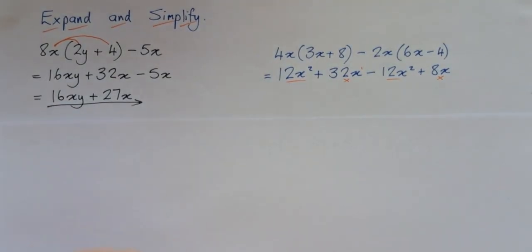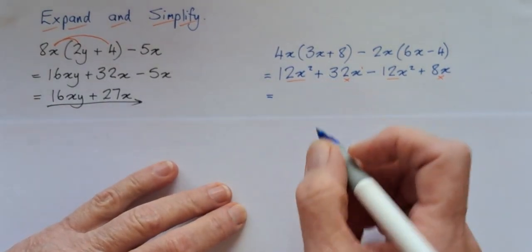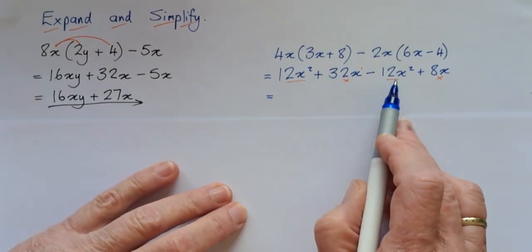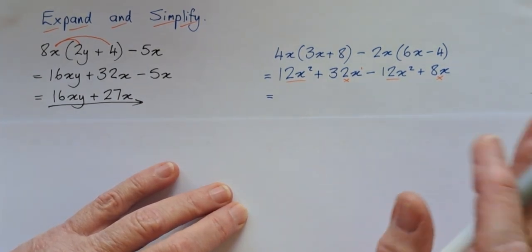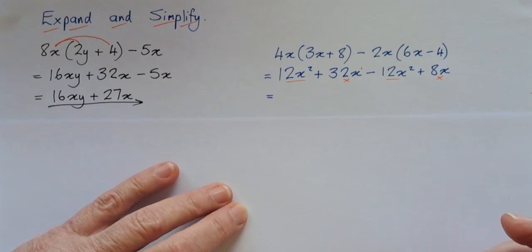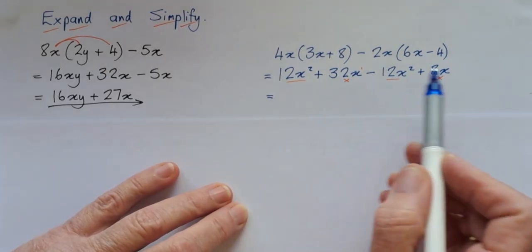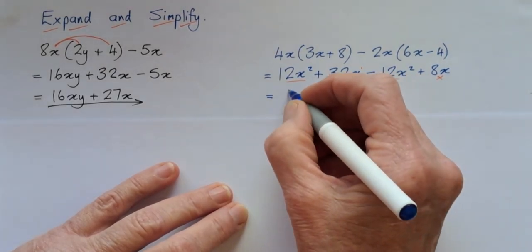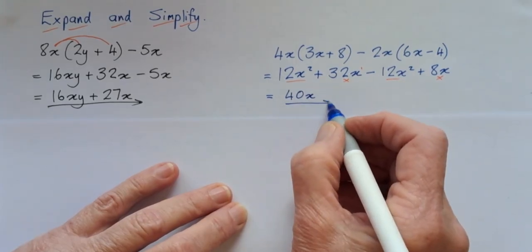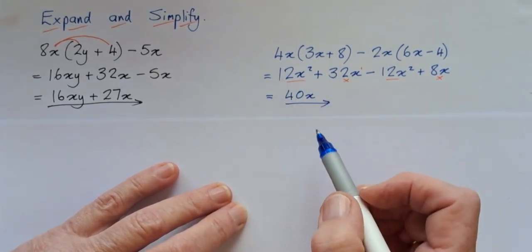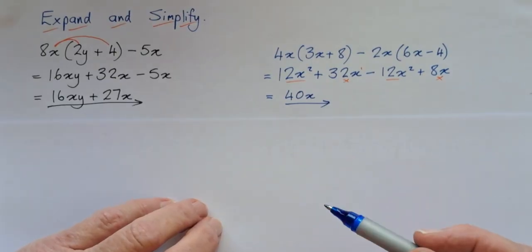So tidying up now, I'm going to say 12x squared minus 12x squared is going to give me 0, so I don't write anything down. It's almost as if they cancel each other out. And then I've got 32x plus 8x is going to give me 40x. So I've ended up here with a very simplified situation where I'm only left with one term.